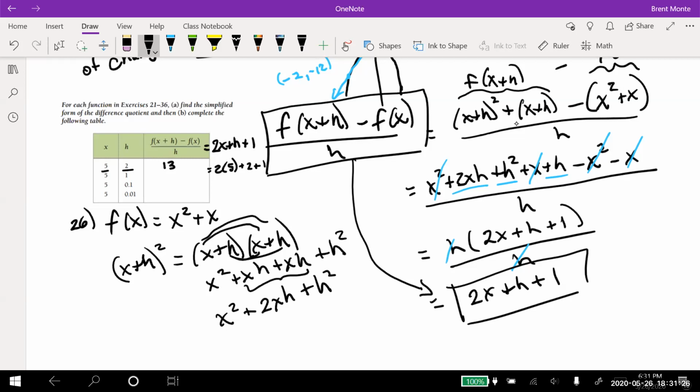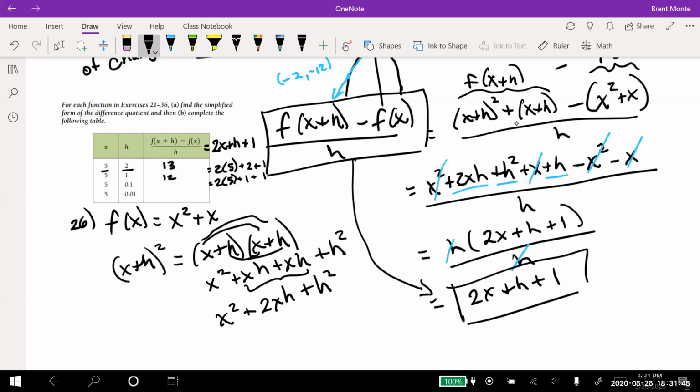And then I do the same for the next one. It's 2 times 5, but this time plus h is just plus 1, and then plus 1 on the outside. So now it's 10, 11, 12. And then I do a similar thing.